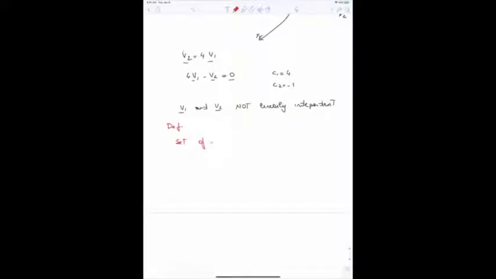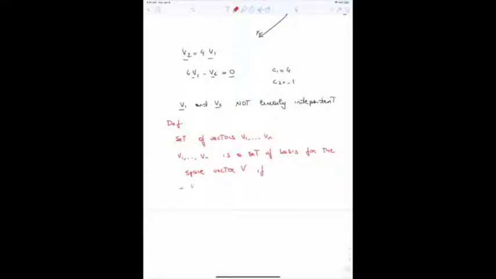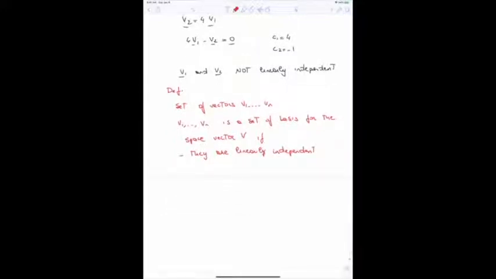So we have a set of vectors v1 through vn. They are a basis for a given vector space V if they are linearly independent, and every vector in V can be represented as a linear combination of v1 through vn.